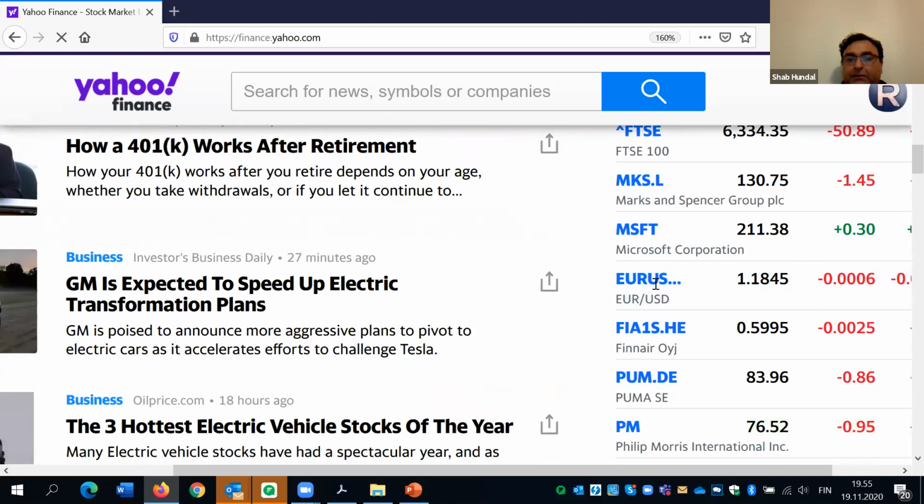Look at that, for example, euro versus US dollar. This is the rate of exchange for €1 in the US dollar.